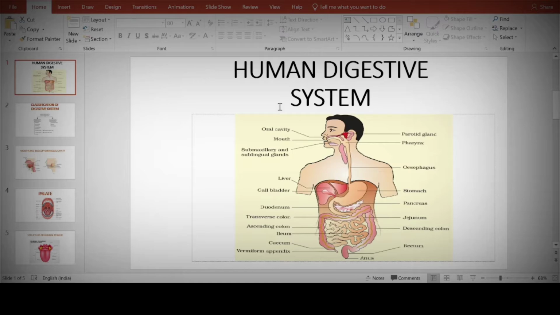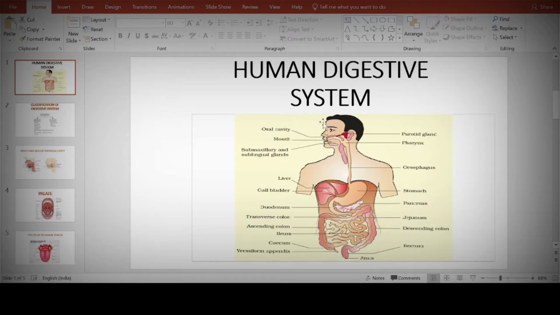As you can see here on my screen, we have an elaborated structure of the human digestive system. I know you might all be wondering, this is such a complicated diagram, what does it all represent? Never mind, I will make it easy for you.